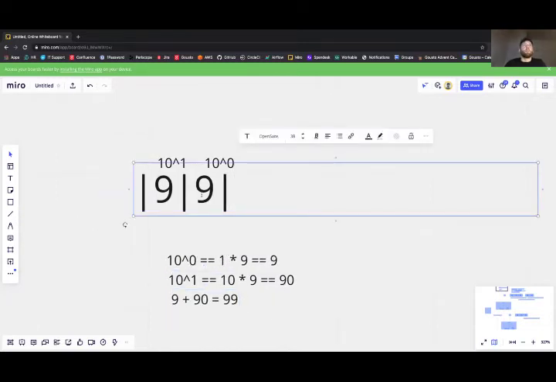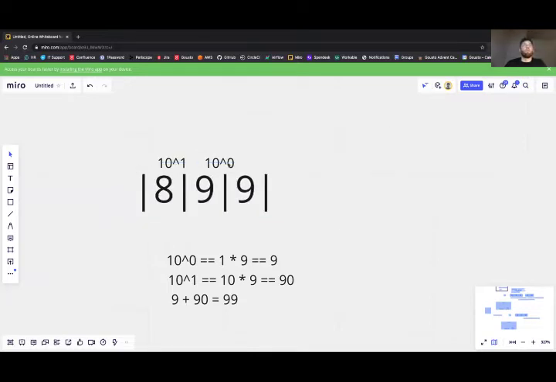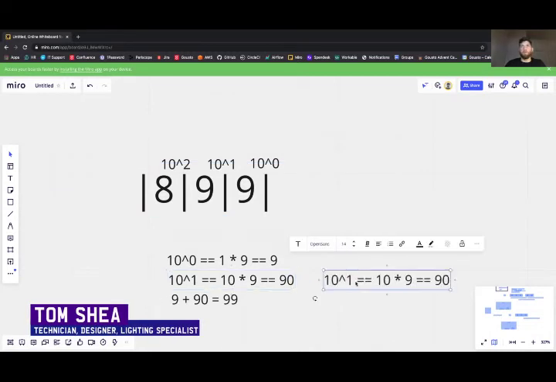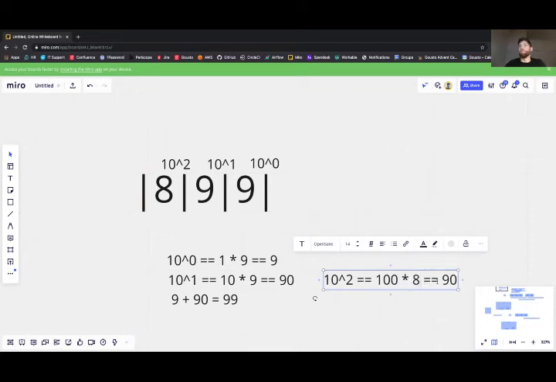What if we wanted more? Well, the hundreds place determines how many of 10 to the power of 2 units we want. So 10 to the power of 2 is 100, and 8 times 100 is 800.